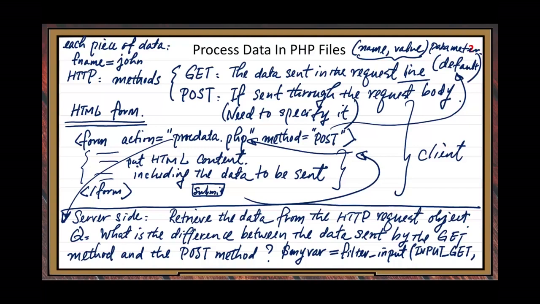How to separate different parameters? An ampersand sign is used to separate. After the ampersand, we have our second parameter, last name equals, just some name, XYZ for example. This way, we send two parameters.